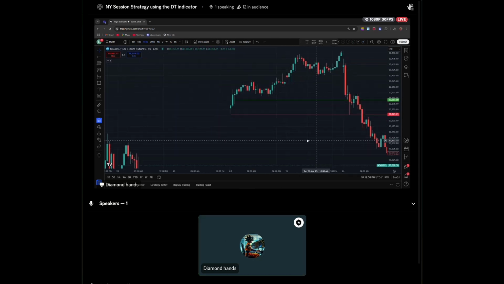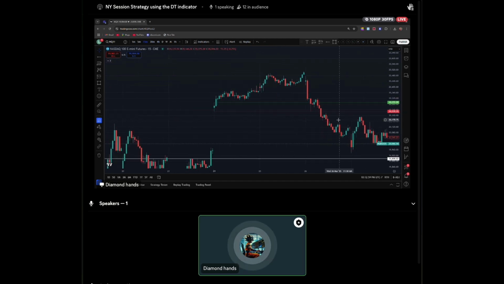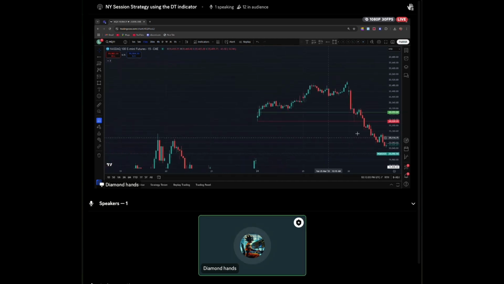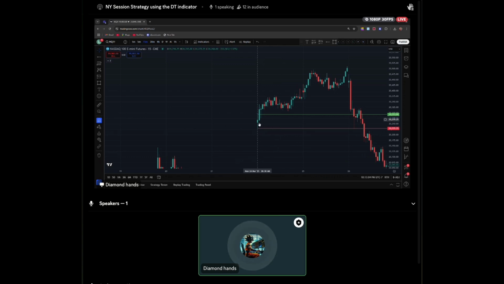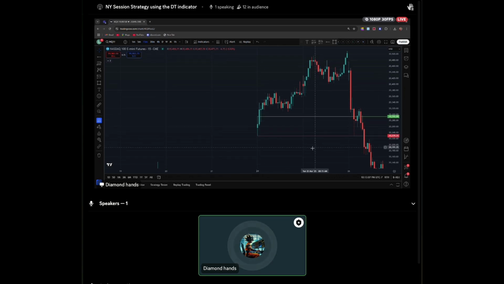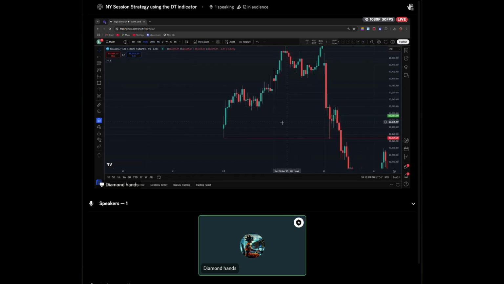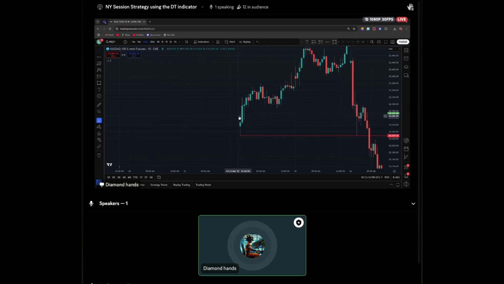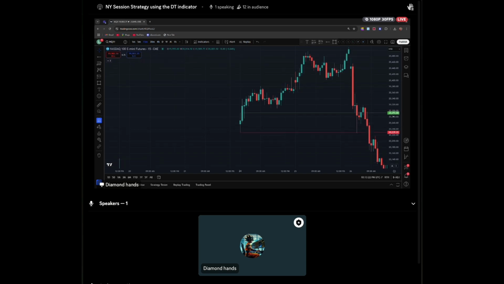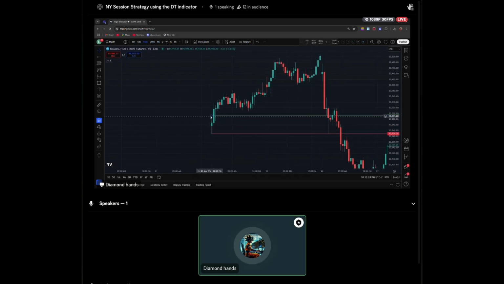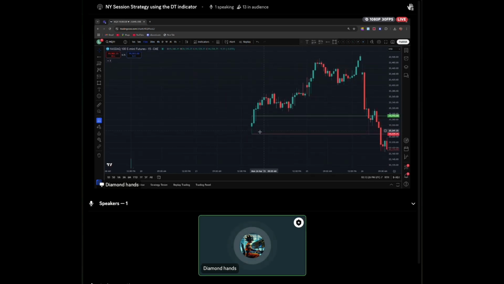In this case, for this day, we have the high of the first 15 minute, and how a lot of people use it is they want a breakout of this range of this first 15 minute candle. So they'll wait for the market to settle before taking a trade. They're gonna mark their high and low, and wait for one side to be broken. In this case, it was the upside.